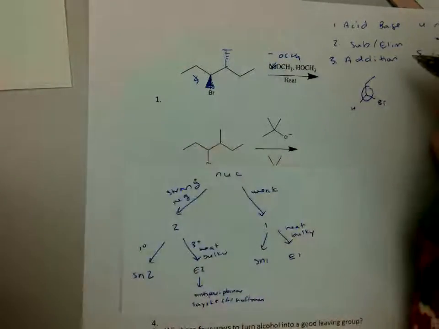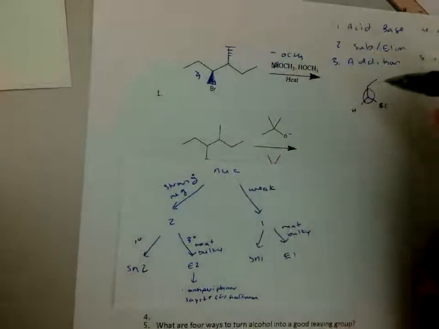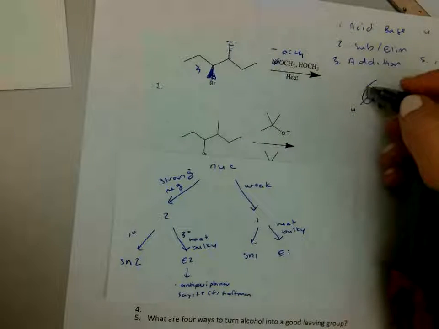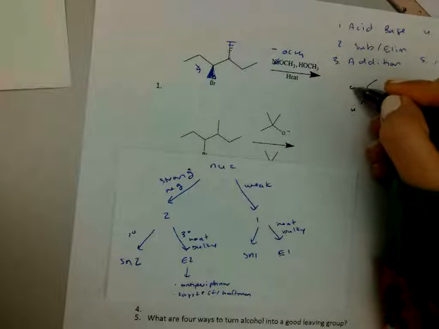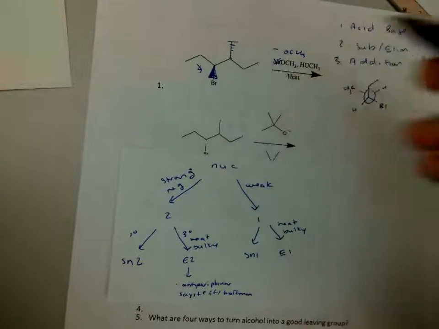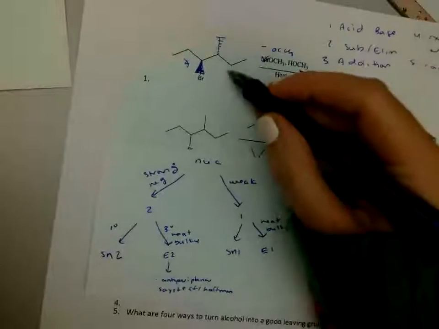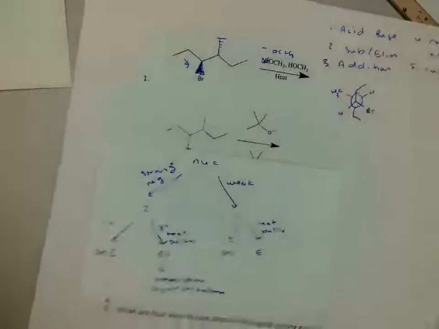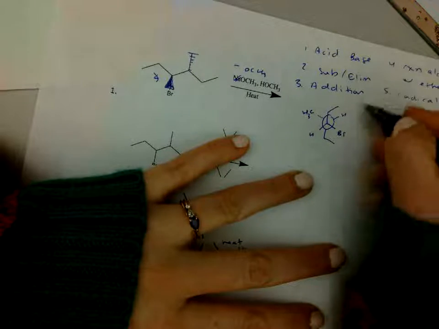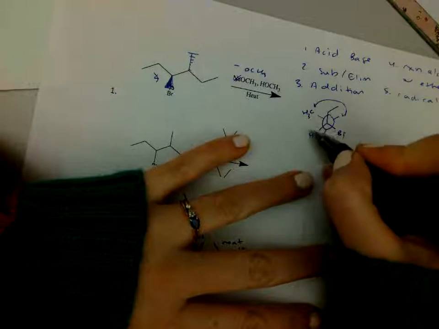And then the back carbon here is going to have, if this bromine pointing out was on the right, then this CH3 pointing in must be on the left. So then there's an implied hydrogen that's a wedge that's coming out also on the right, and then CH2CH3. So these bromine and hydrogen are not anti-coplanar, so we need to rotate.